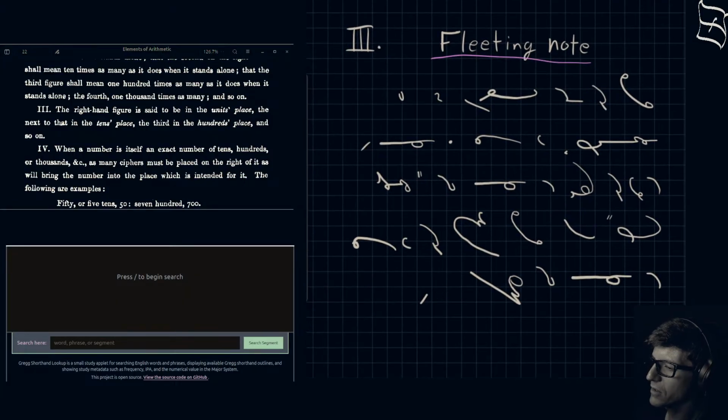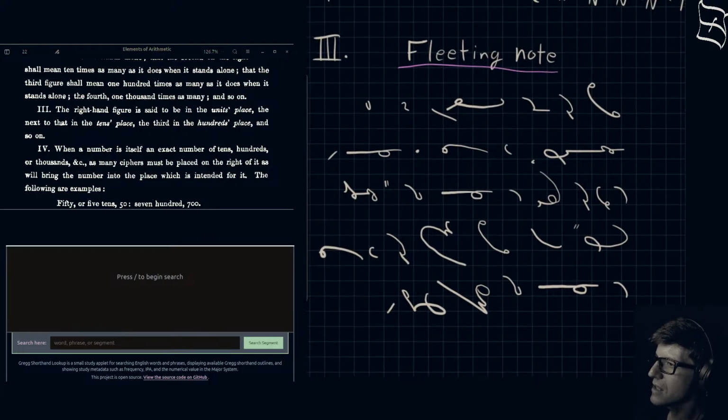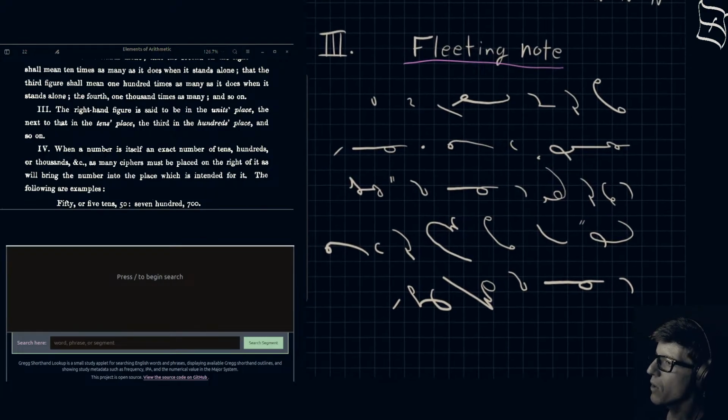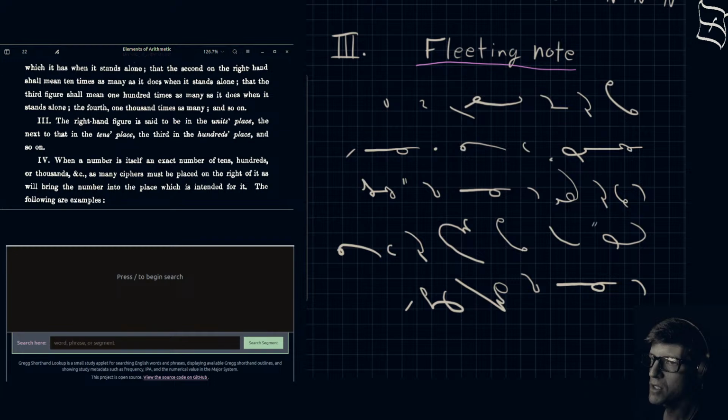This should be factor, okay? Of the associated, let's not make it purple, there we go, of the associated factor. All right? This is the idea that I want to derive from this particular paragraph of Augustus de Morgan.